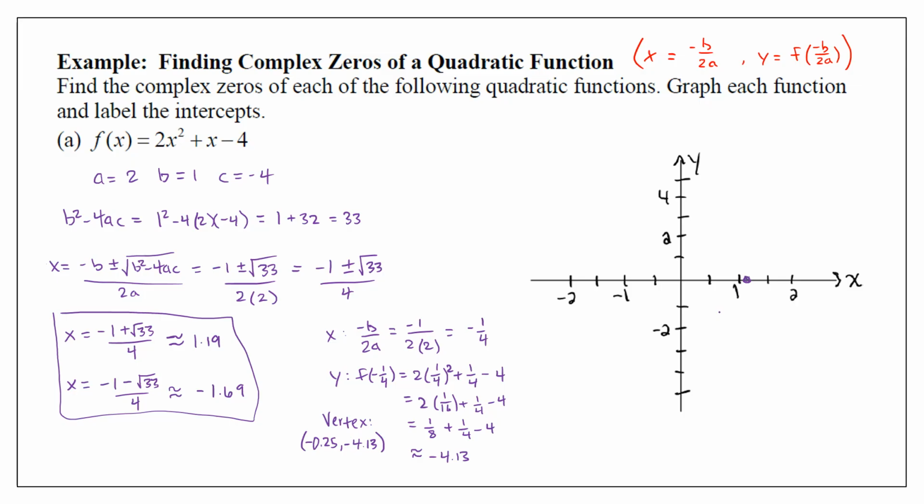And then negative 1.69, it's going to be somewhere around here. Then our vertex is going to be at negative 0.25 and then negative 4. So it's 2, 3, 4. So this is negative 4.13. So it's like right here. Okay. I also know too that if I substitute in 0 for x, I'll get negative 4. So I can plot that point.